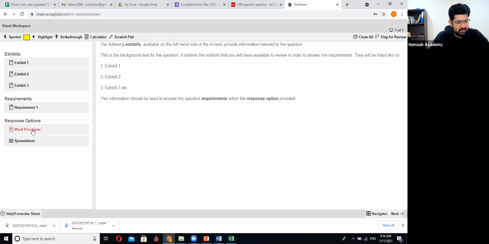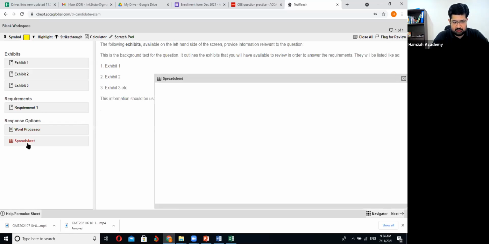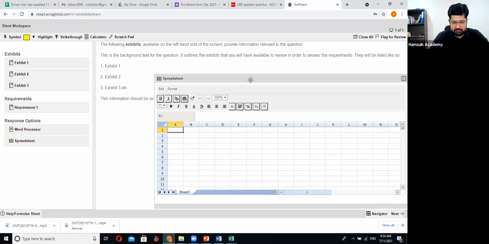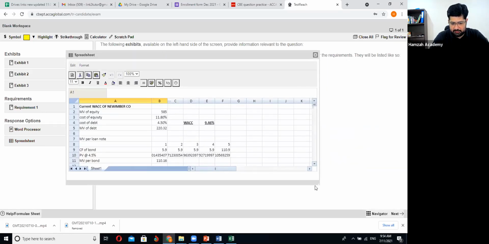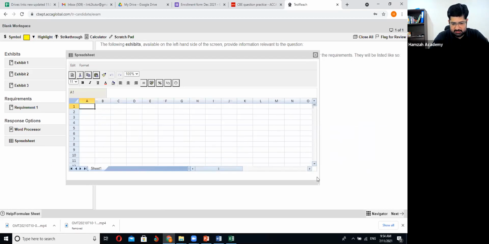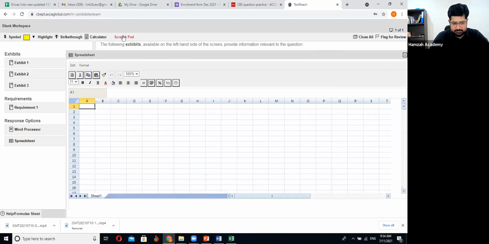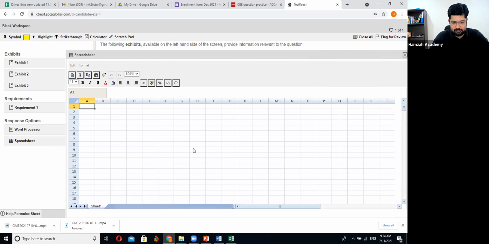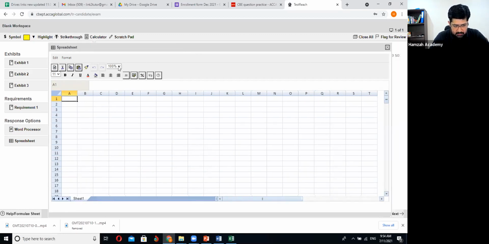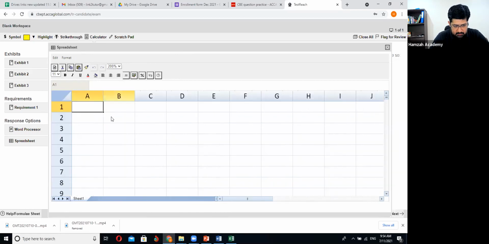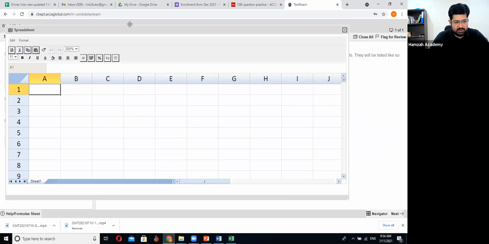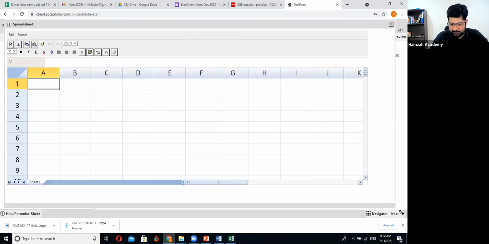So, word processor and spreadsheet. I'll open the spreadsheet. Here we are. Now, I think you can see it properly.